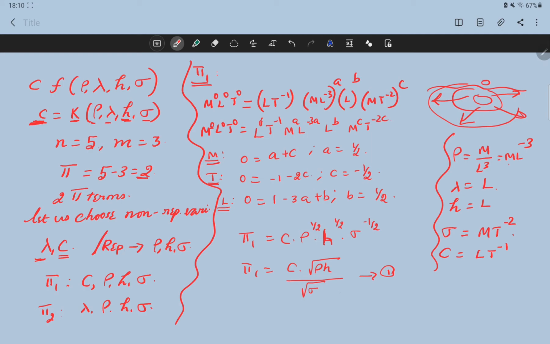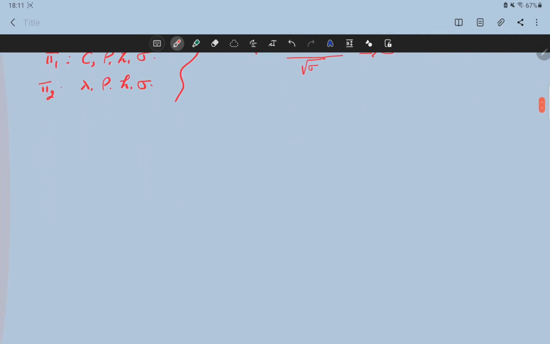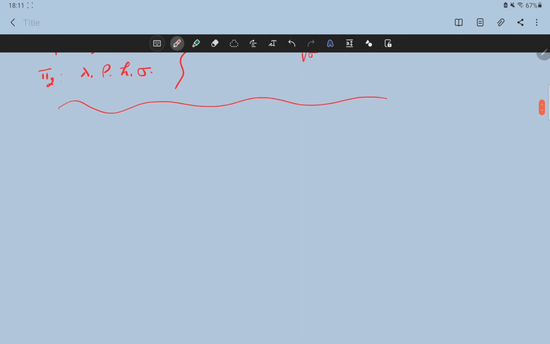Now let us look at the pi 2 term. In the pi 2 term, we have lambda, rho, h and sigma.